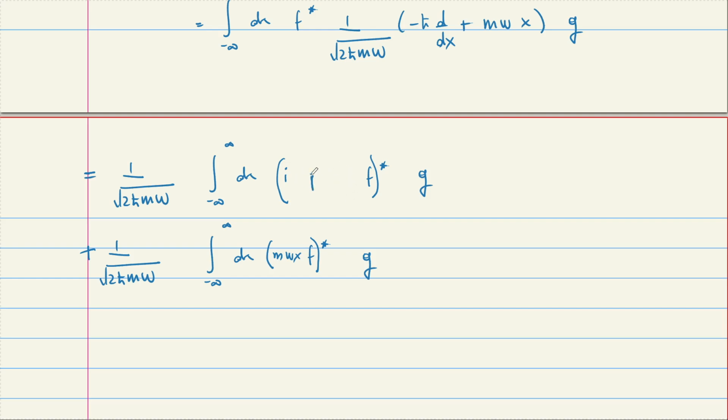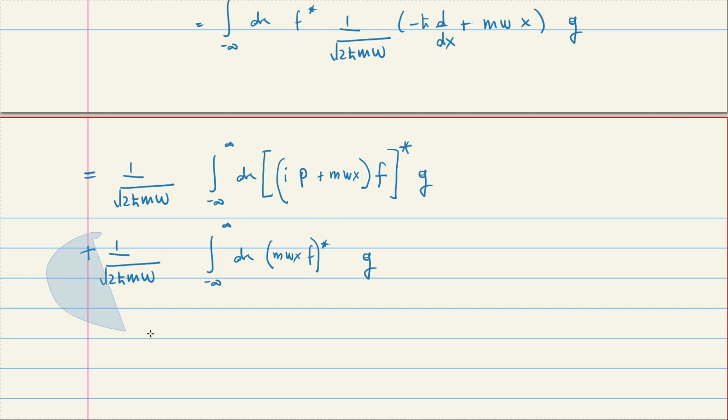And now I can bring this mω factor here too. So this is plus mωx. And this entire thing, let me be very explicit with the parentheses, is acting on F, and there is complex conjugation.